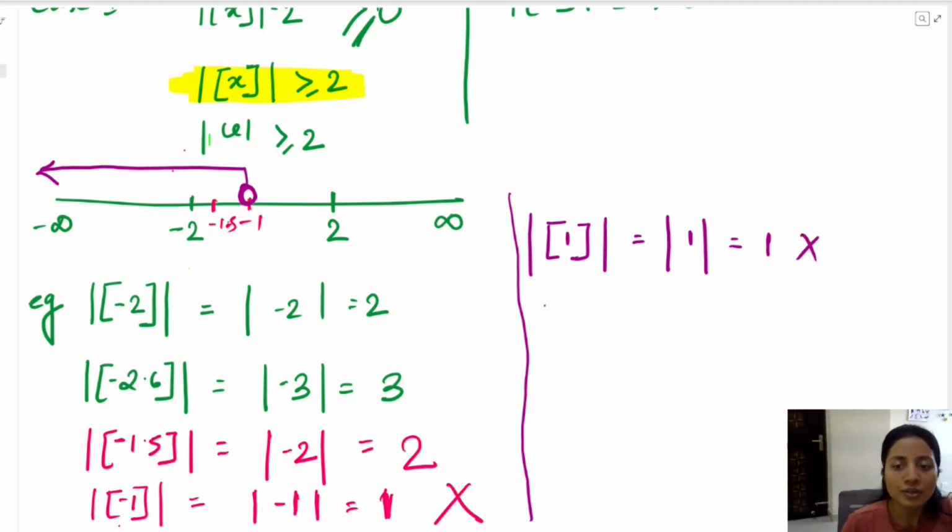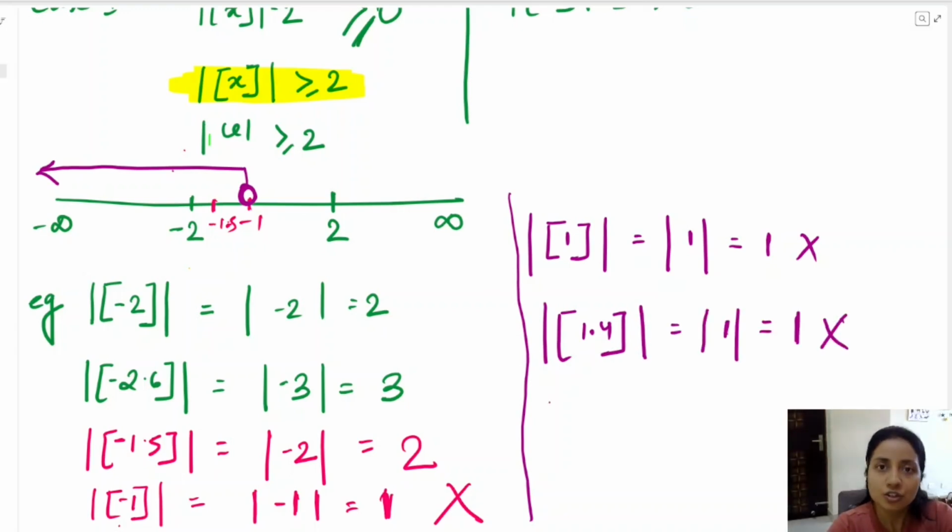Now if we take a number slightly bigger than this, maybe 1.2 or 1.3 or 1.4, we can understand that numbers like 1.5, 1.6, 1.9, 1.999 will always give 1 from the greatest integer function. It will come out as 1 and mod will return the same 1. So these numbers will not satisfy our inequality.